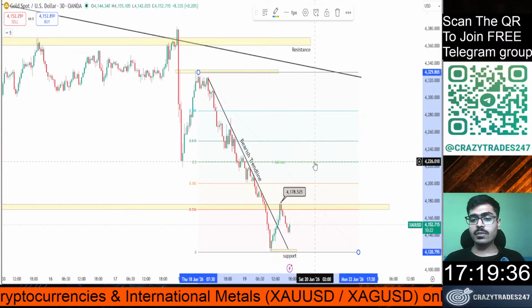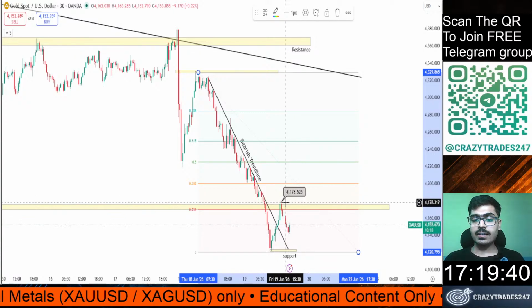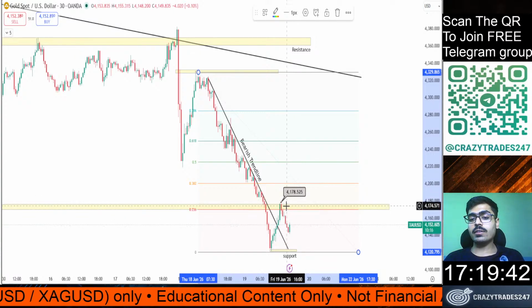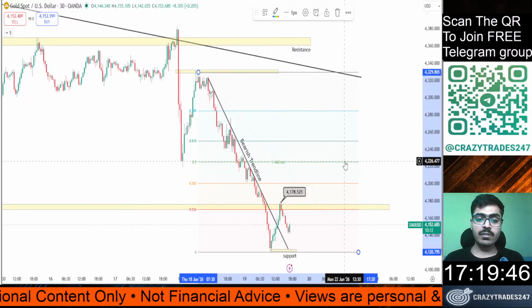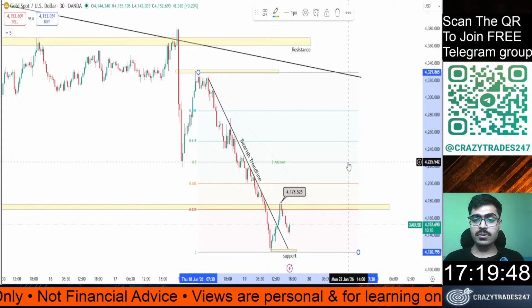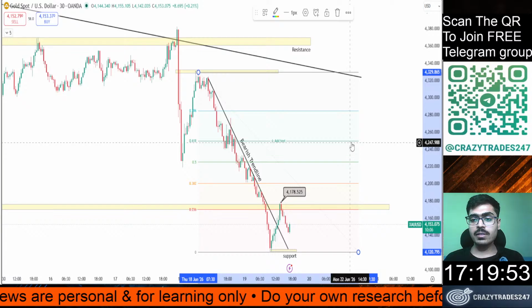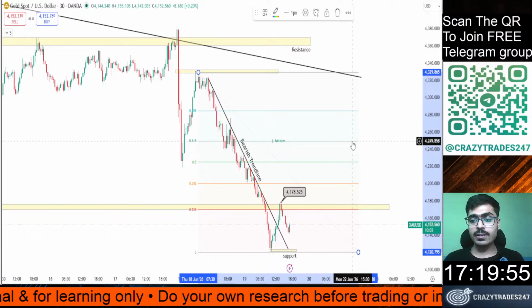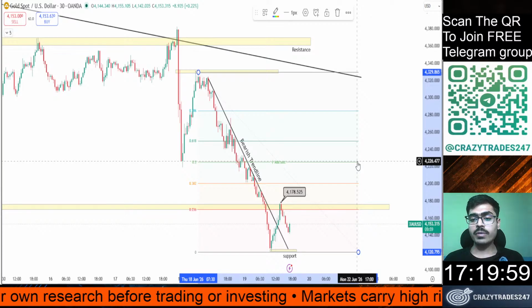If the current up move breaks 4178, then till where the price might continue, this is the level I am discussing right now. Price should continue till this level of, if at all it continues, 4250 and 4225.